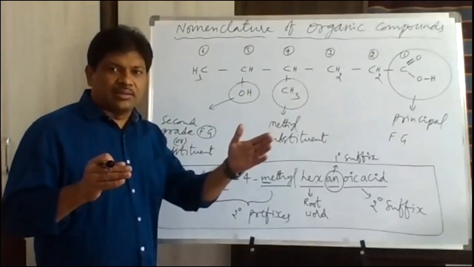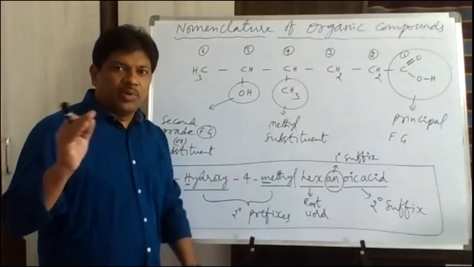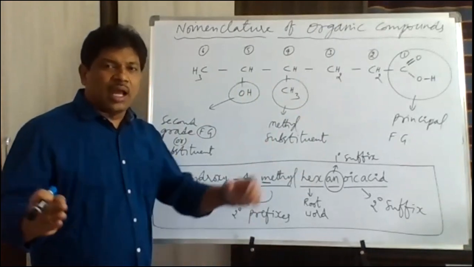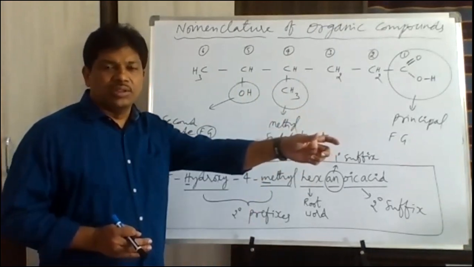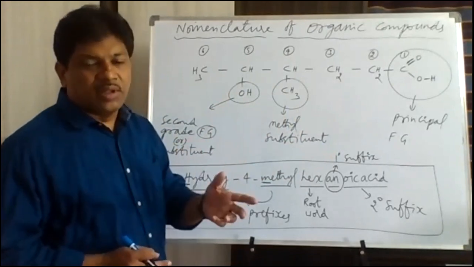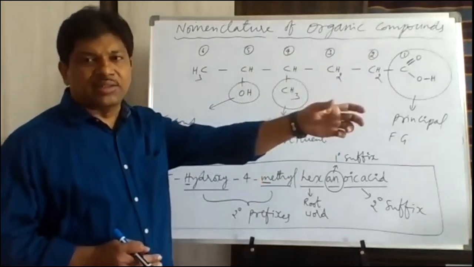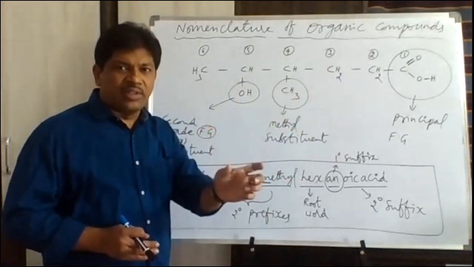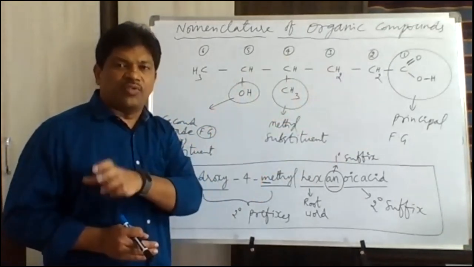So there are prefixes before the word root and suffixes after the word root. The word root represents the number of carbon atoms. Whatever we write after the word root is called suffix. Whatever we write before the word root is called prefix.